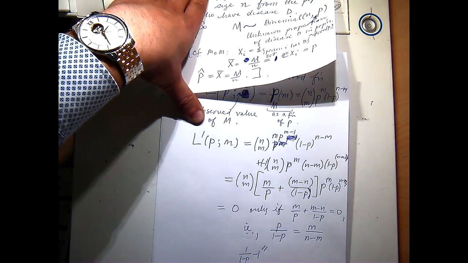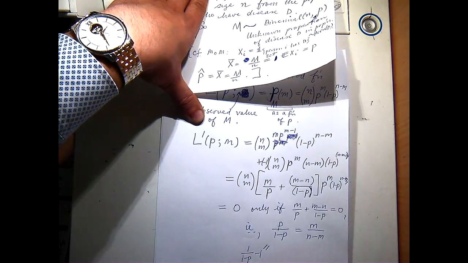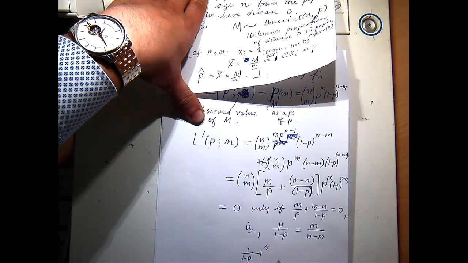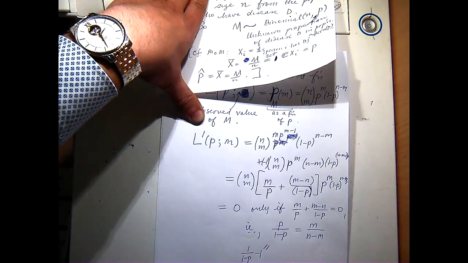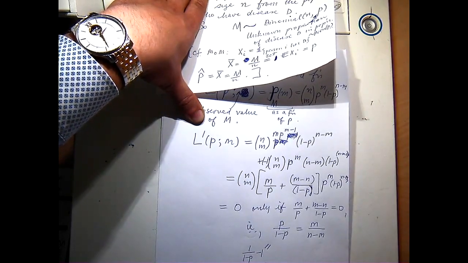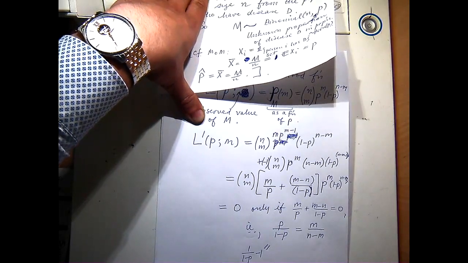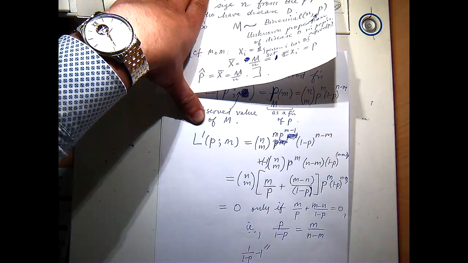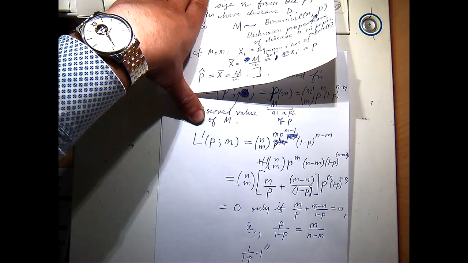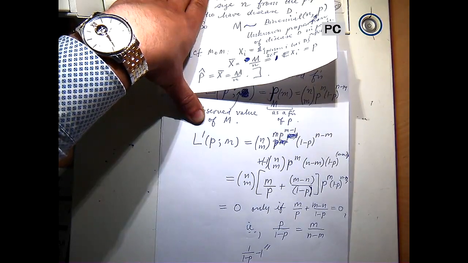But so it follows that 1 over 1 minus p, if I add 1 to both sides, is equal to m over n minus m plus 1, which is equal to n over n minus m. So 1 minus p is equal to n minus m over n, which is 1 minus m over n.